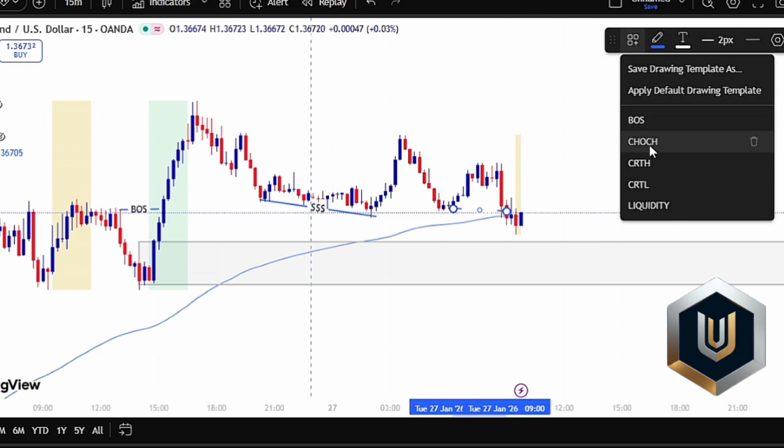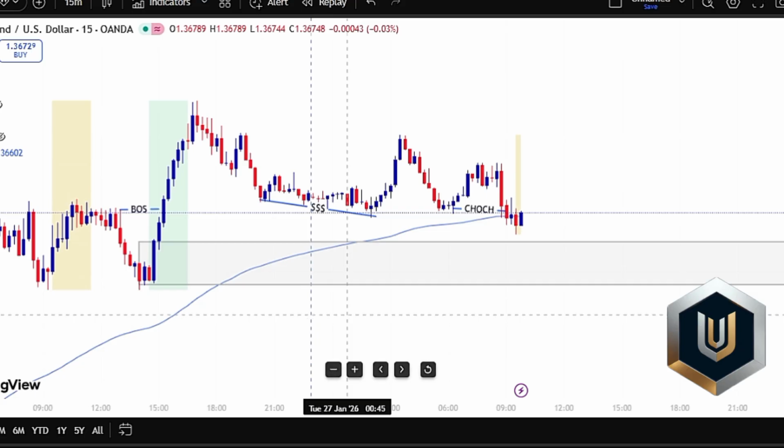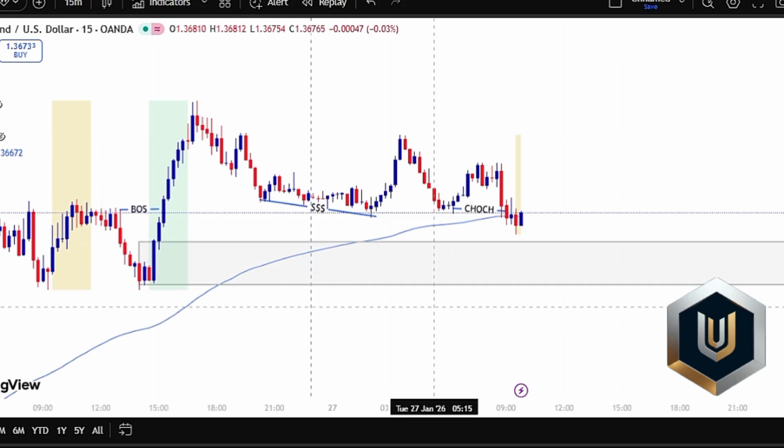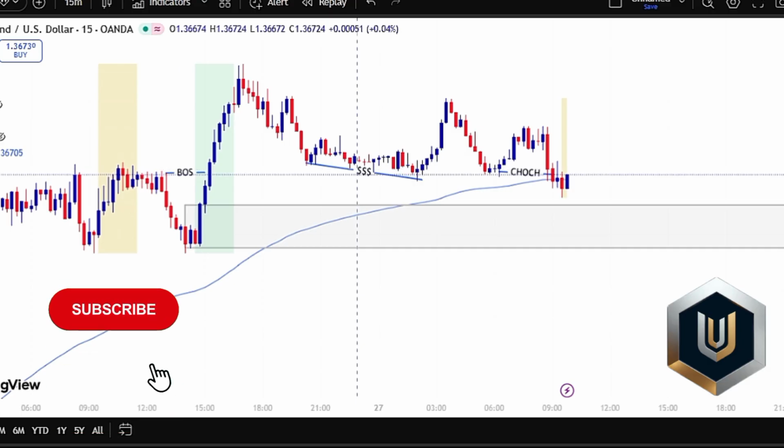So with all of these confluences available, and don't forget we also have our fair value gap right here. Since we have our fair value gap right here, you can see real quick how beautiful this thing is right now.